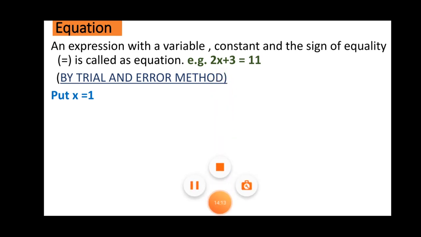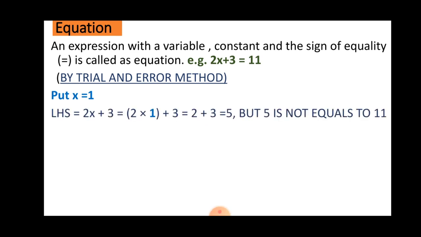So we have taken the value of variable x equals 1, and we are going to substitute it into the left hand side expression, 2x plus 3. When we substitute 1 in place of x, including the operation signs, you can see 2 multiplied by 1 added with 3. So you get 2 plus 3.